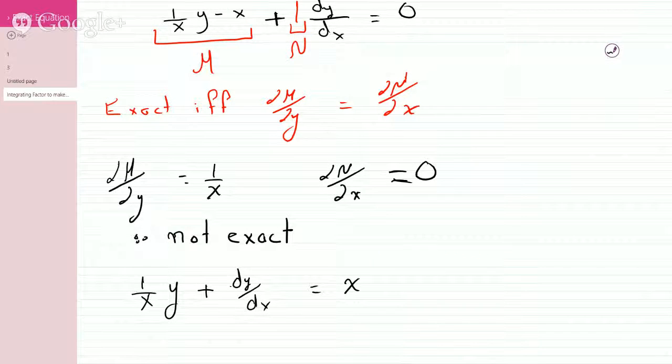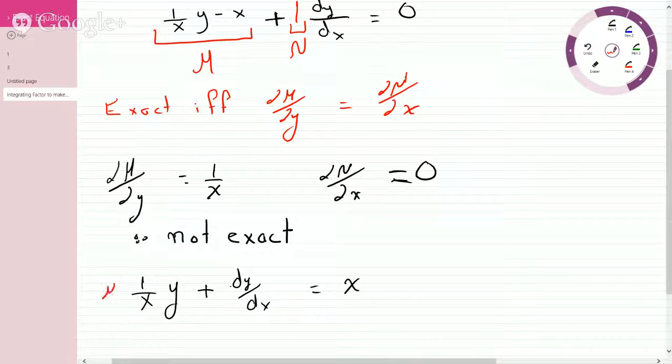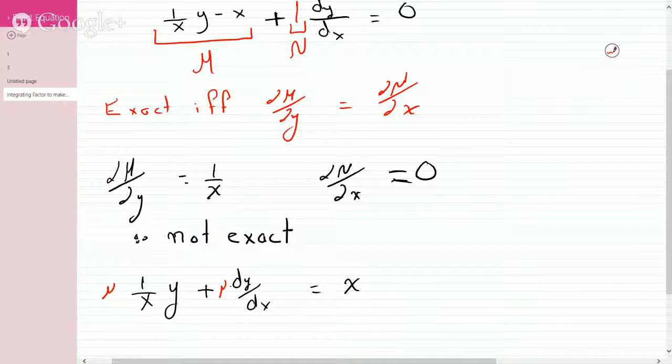Let's assume this integrating factor is some mu. Then we can multiply here by the integrating factor, and here by the integrating factor.